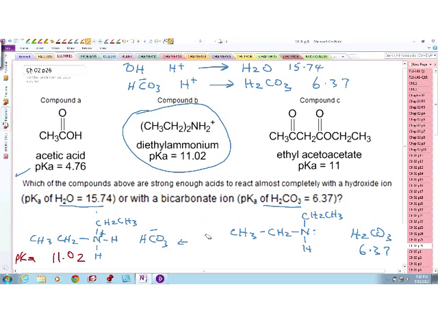So now the question is, what direction will this reaction go? Left or right? Left, exactly. Because carbonic acid is a stronger acid than this ammonium compound here. So those are the kind of problems you should expect using a pKa value to predict a Bronsted acid-base reaction.